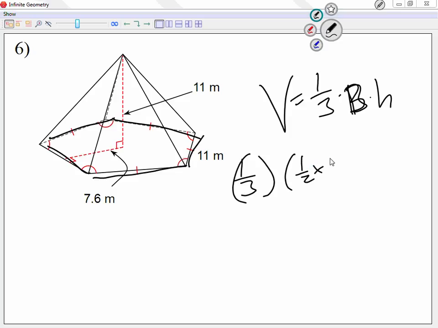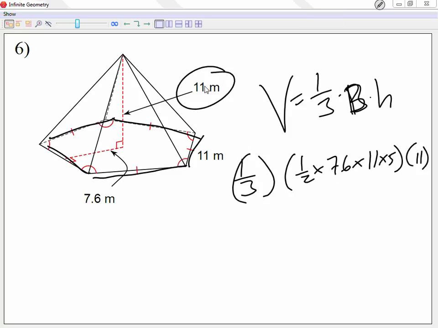The apothem is 7.6. The perimeter, since each side is 11, and there's 5 of them, I'm going to say the perimeter is 11 times 5. So all this inside the parentheses, that's the area of the base. 1/2 times apothem times perimeter. And then the height of this is 11. I'm talking from this 11. Multiply that out. So 1/3 times 1/2 times 7.6 times 11 times 5 times 11.